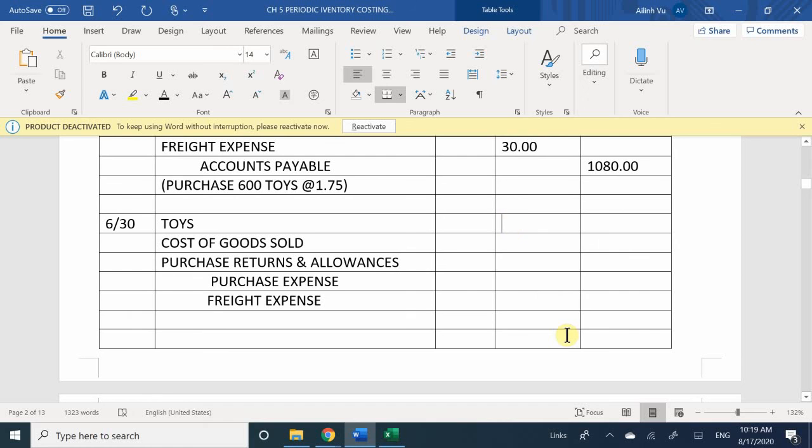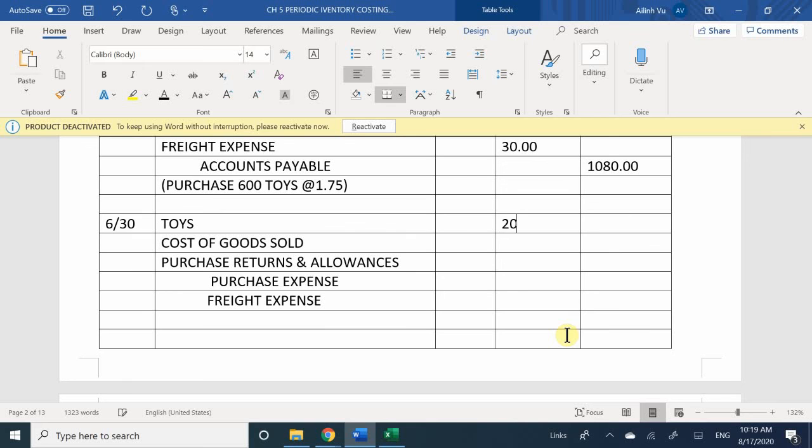It's not a monetary value. It's not a monetary value, and that is a rule of GAAP. It is the third assumption, the monetary assumption, that you need to have everything in terms of dollar value.